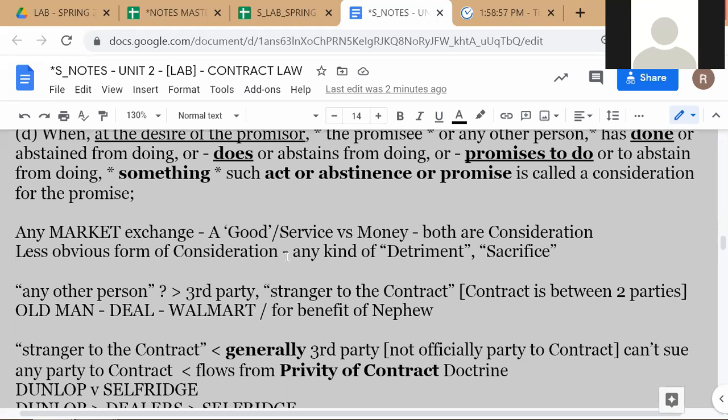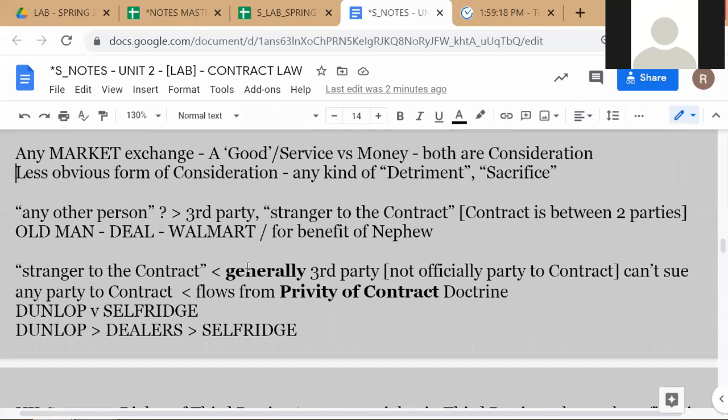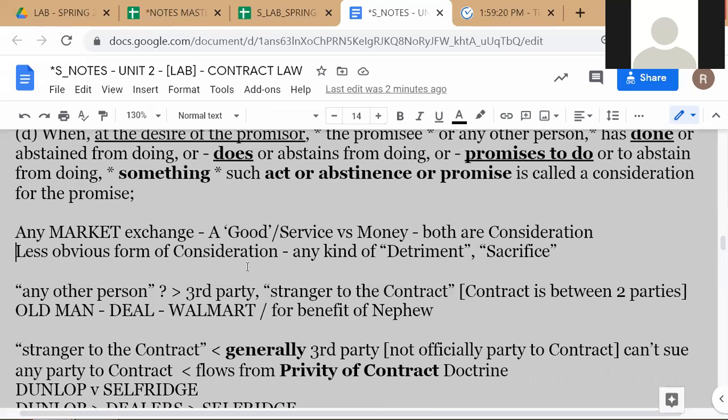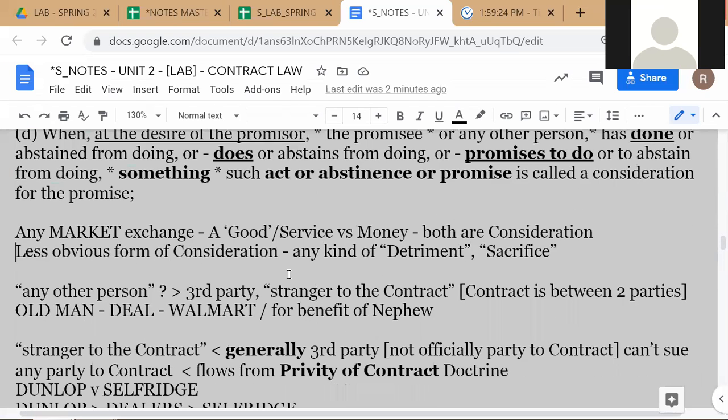You can't really identify anything tangible, but there could still be an agreement. Remember, without consideration, there will not be an agreement. We'll come to that. In general, there are agreements without consideration; we call them nudum pactum. We'll get to that. That's why we are so concerned with understanding consideration, because this is a very important aspect of contracting in a common law jurisdiction.